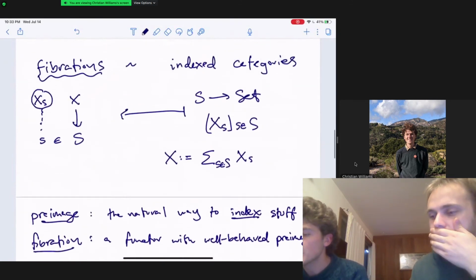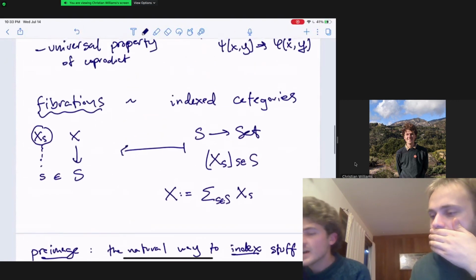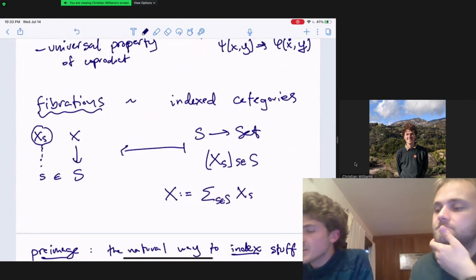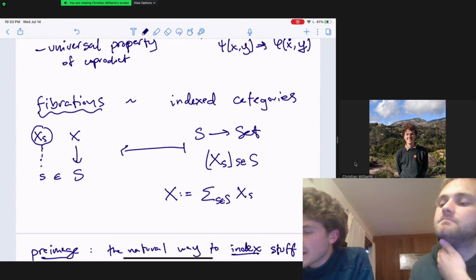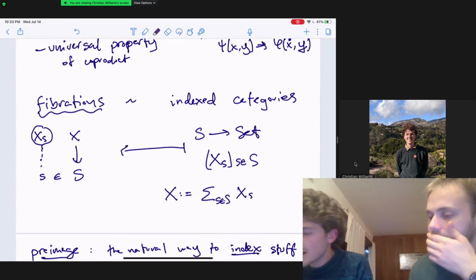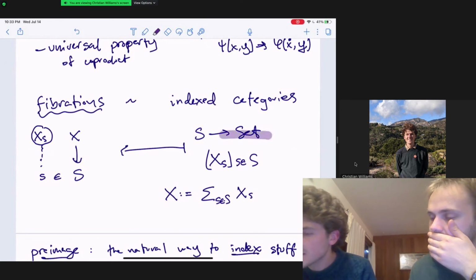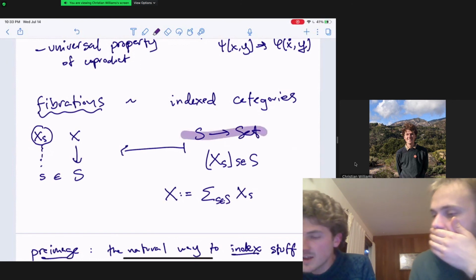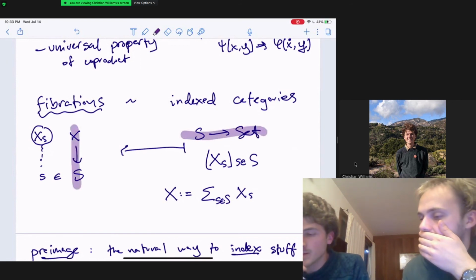So why fibrations? Basically, just think about these two perspectives for sets: this crazy way of thinking about families of sets versus this way.